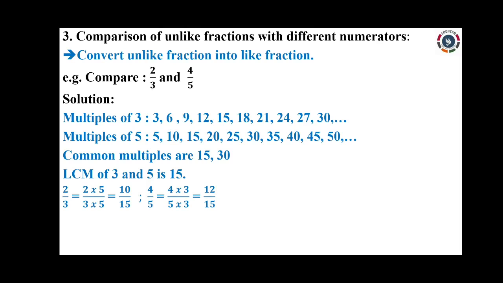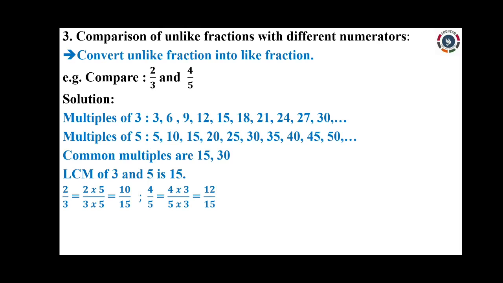Similarly, we are going to convert the unlike fraction 4 by 5 into a like fraction. Here the denominator is 5. With 5, if we multiply what number, we get 15? Yes, 3. 5 threes are 15.